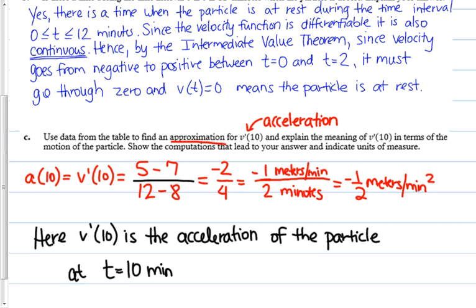And since the computations are there, you should be good. But if it makes you feel better, you can just go ahead and say, which is negative 1/2 meters per minute squared. Okay? And that's the explanation. Classic FRQ section problem.